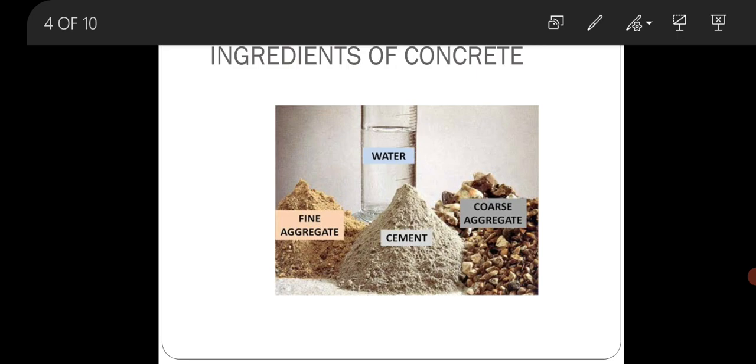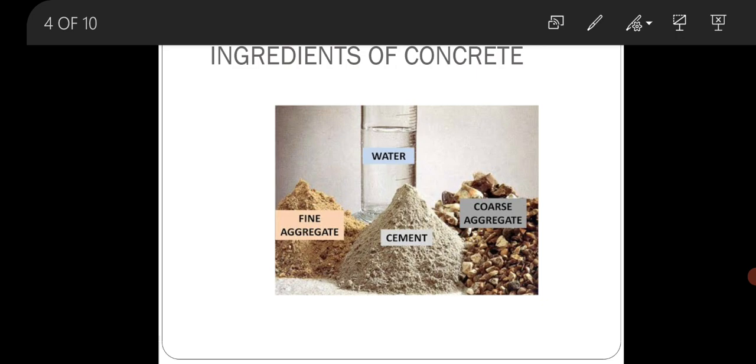Chemical admixtures are generally used in order to improve or enhance properties of concrete, such as to reduce the water requirement, or to accelerate or retard the setting time of cement, or to improve specific durability characteristics.